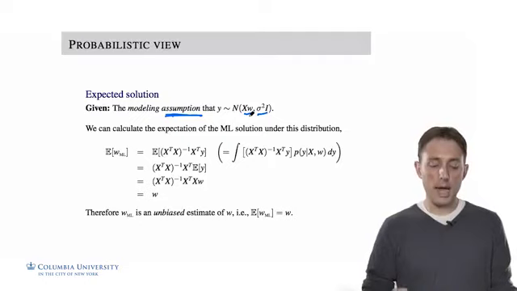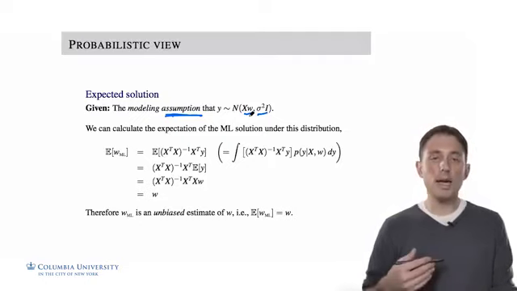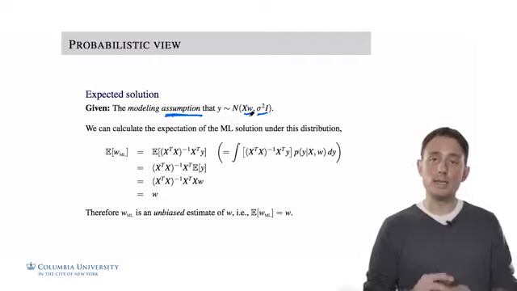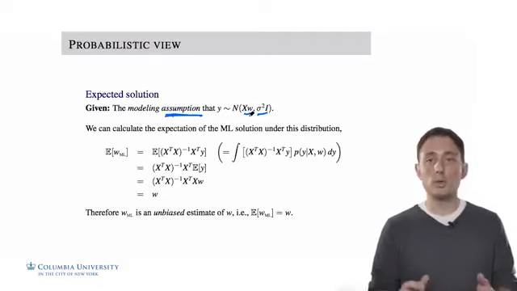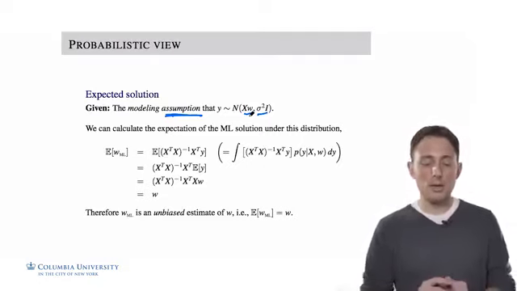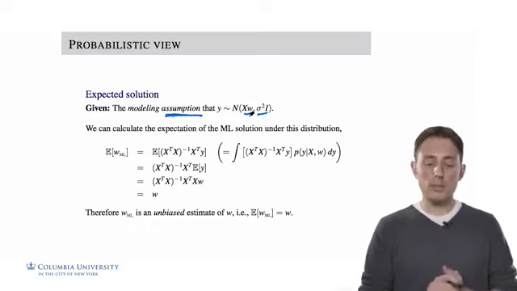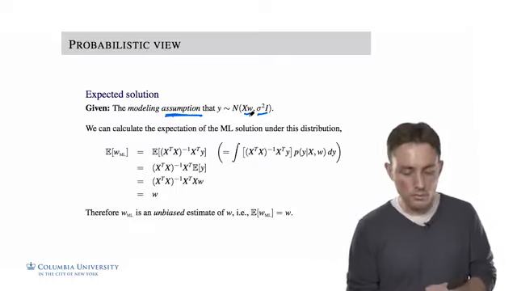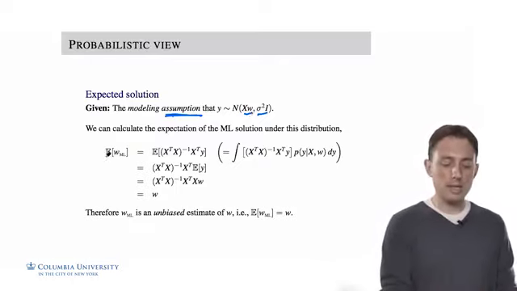So first let's ask, what is the expected value of the maximum likelihood solution? And when I say maximum likelihood, you should also think least squares solution because they're the same. So what is the expected value of the maximum likelihood solution under this distribution? What we're saying is, what is the expected value of W_ML?